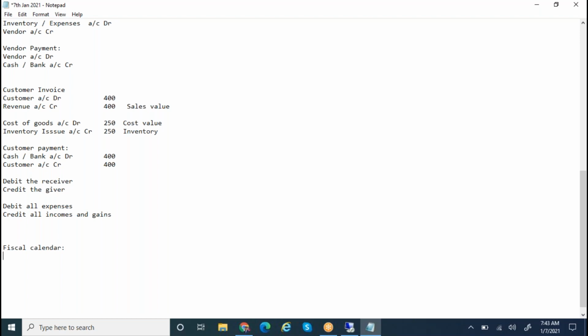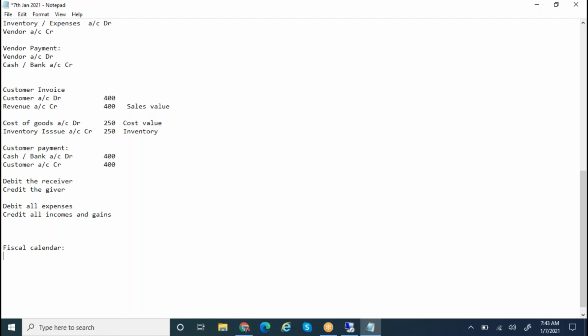If it is some other country, it may be Jan to December, it may be July to June, it may be September to August. If it is Accenture, it is September to August, September 1st to 31st August. In some countries they will follow August to July 31st.